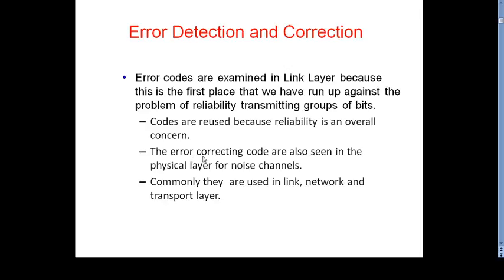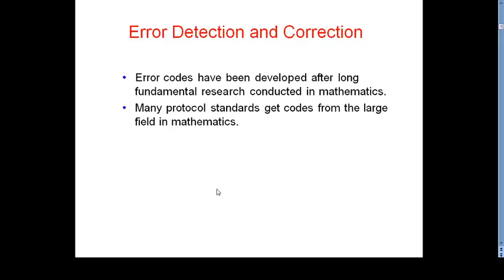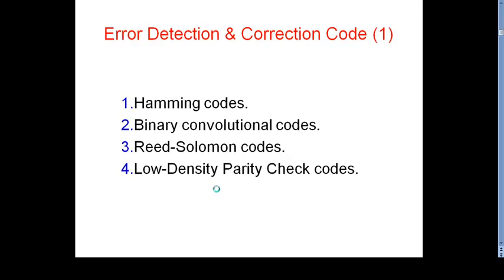Error correcting codes are also seen in the physical layer for noisy channels. Commonly, they are used in the link, network and transport layers. Error codes have been developed after long fundamental research in mathematics, and many protocol standards get these codes from large fields in mathematics.